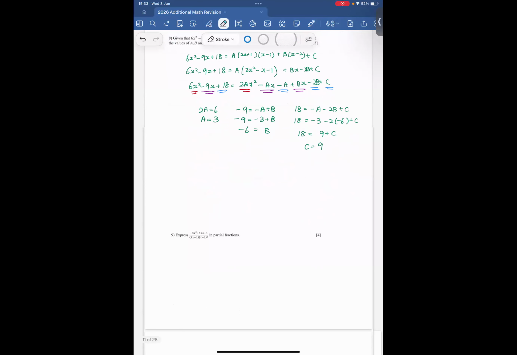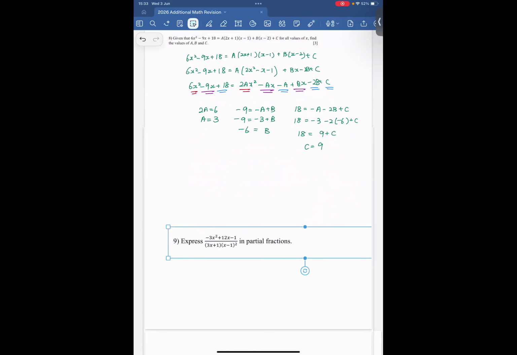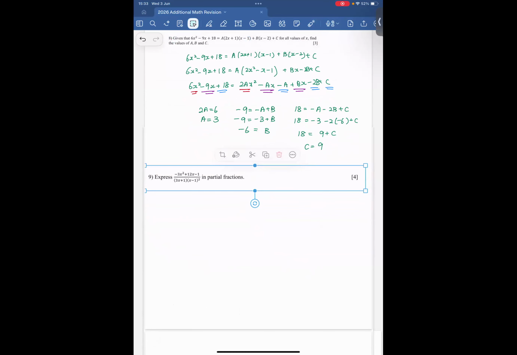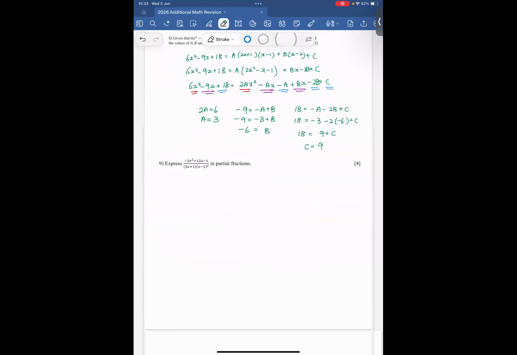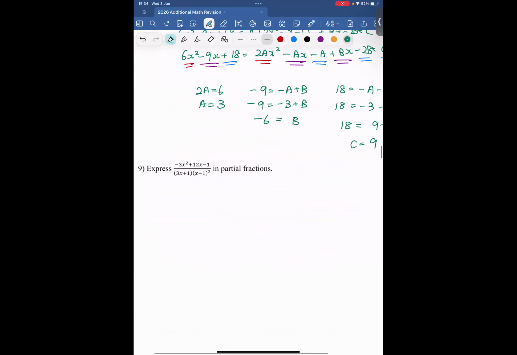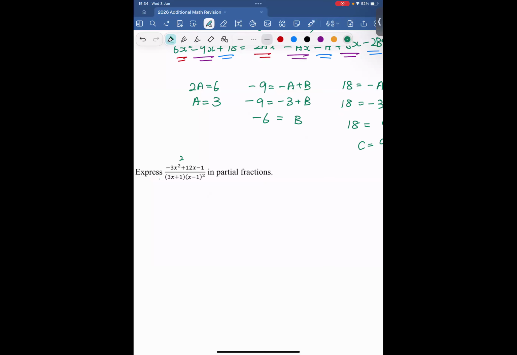Okay, next, question 9. We can see that the power at the numerator is 2 and the power at the denominator is 3, so we do not need to do long division.